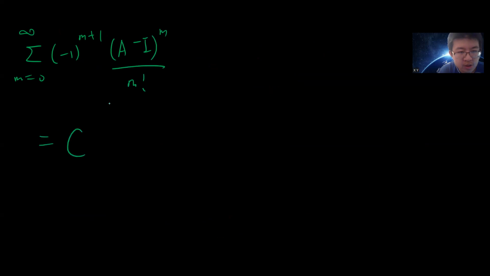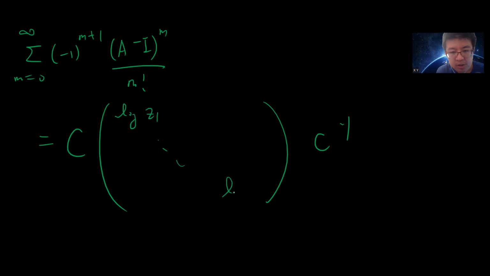Then I get C inverse, and every one of these z1 up to zn, the series becomes the log, so it becomes log z1 up to log zn. Both are well defined, because I defined the norm to be the correct one.